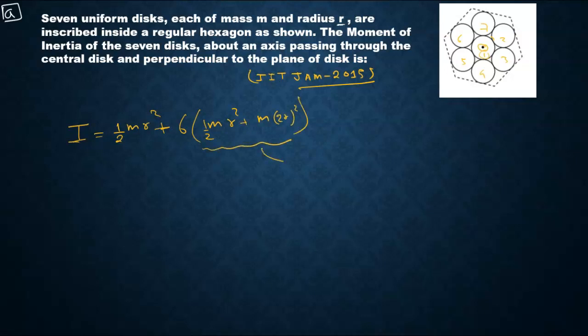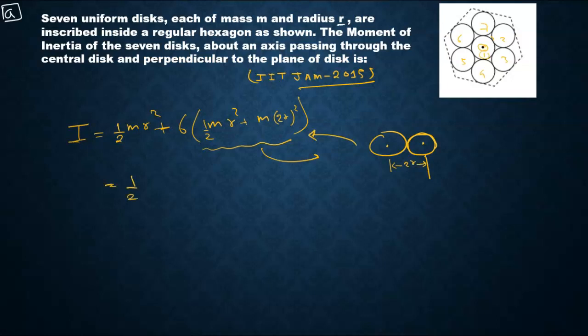This is because, let's say this is the central disk, and a disk is beside it, and the distance between the two centers is 2r. So from the parallel axis theorem we can write this.